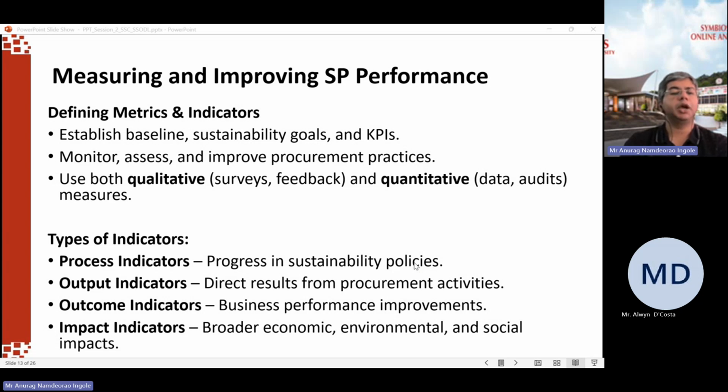Then there are indicators like business performance improvements, which we also saw was an output of a sustainable supply chain. So those are indicators which you can measure and analyze. And then impact indicators: broader economic, environmental, and social impacts. Those also you can have as indicators.